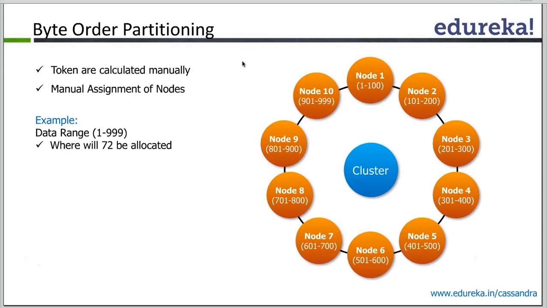Each node will have about 100,000 keys, assuming I have 10 nodes. Now the difference is, since I have made it such that 0 to 100,000 is in node 1, all data written within that range, or all updates associated with those keys, will go to node 1, and the rest is mapped appropriately inside the cluster.